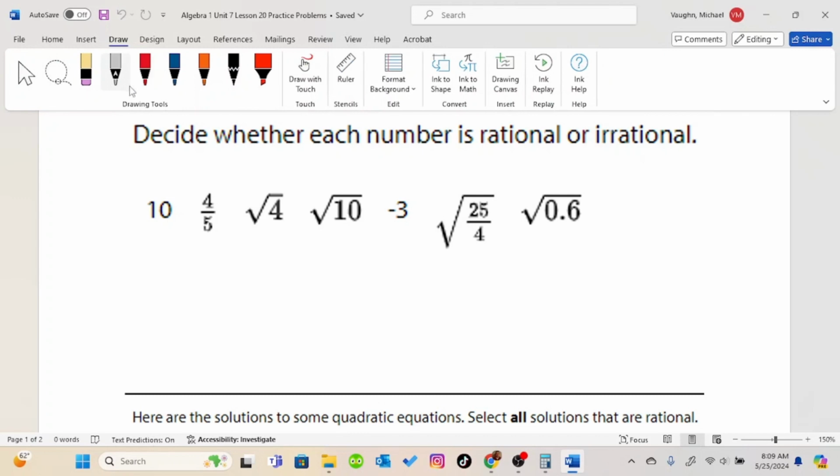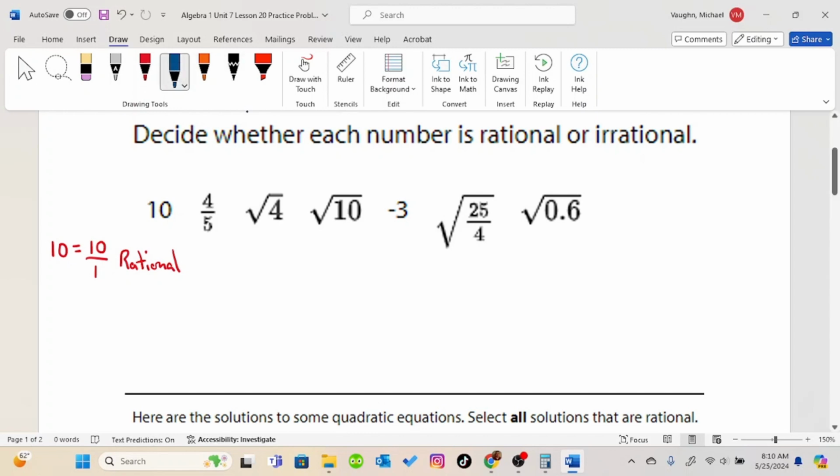So the first one is 10. 10 is the same thing as 10 over 1, so this is rational. The second one is 4 over 5. This is already a whole number fraction, so it is also rational.